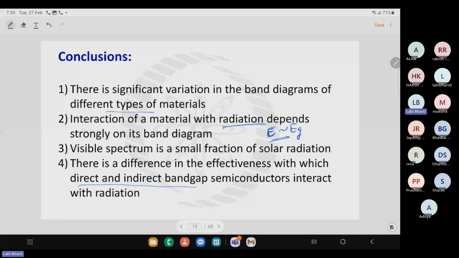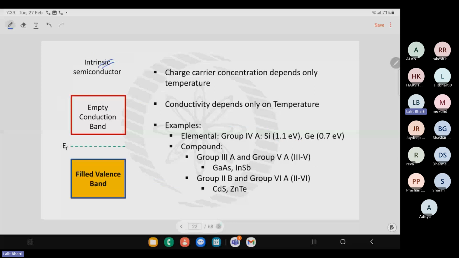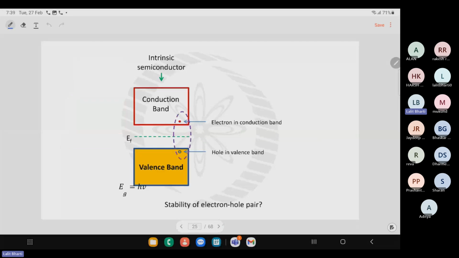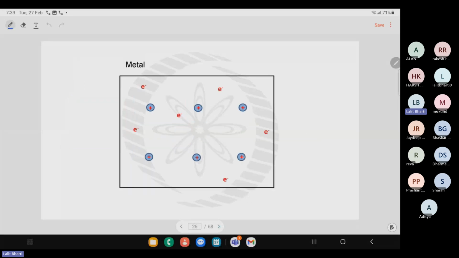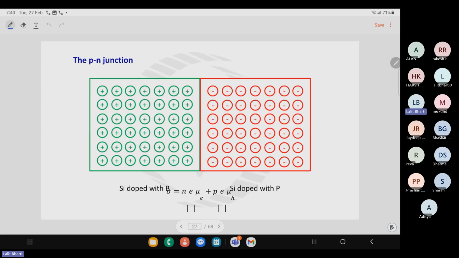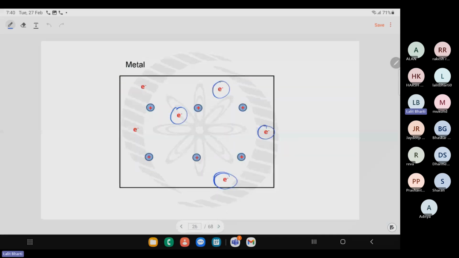So you saw the intrinsic semiconductor. Then you have the P-type semiconductor and the N-type semiconductor. This is the metals. In metals we usually have free electrons, so you don't see this kind of band structure in metals.